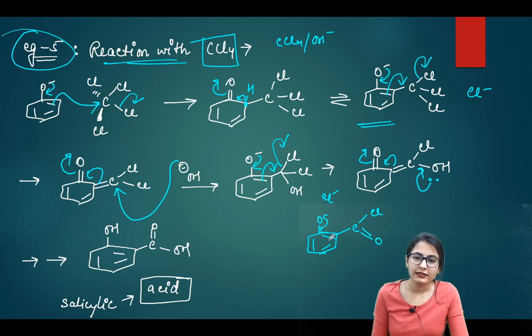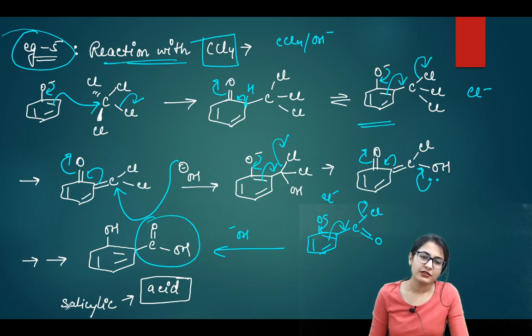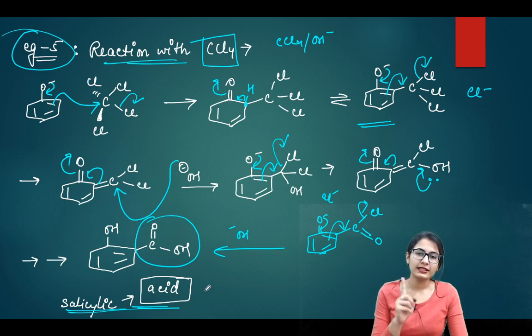And when the final Cl is removed, one more water molecule, or let's say one more hydroxide, is going to attack onto this positive carbon and finally gives you the acid. That gives you the salicylic acid, not the salicylaldehyde. Alright, so this is one of the variants of the Reimer-Tiemann reaction that I have told you. You can try it out by other carbenes also. So here we get our salicylic acid.